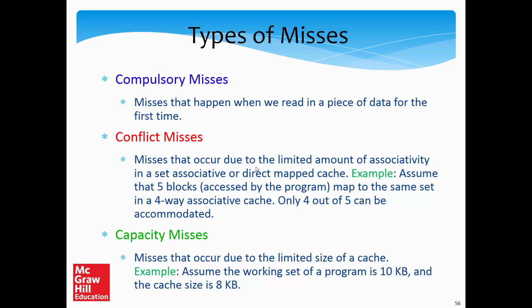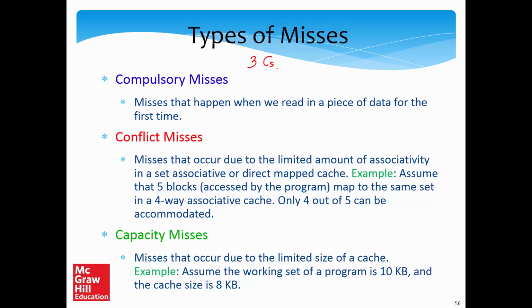Now, given what we have seen, let us look at misses and what can be done about them, and let us classify the types of misses that happen in a memory system. These are called the three C's, because there are three kinds of misses and all three start with the letter C. The first category is compulsory misses.